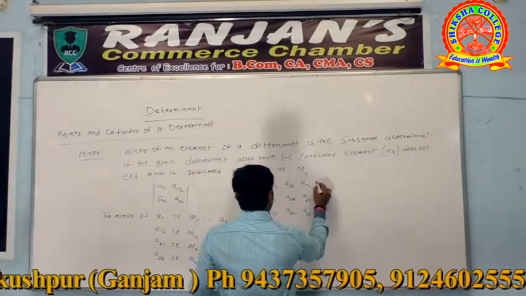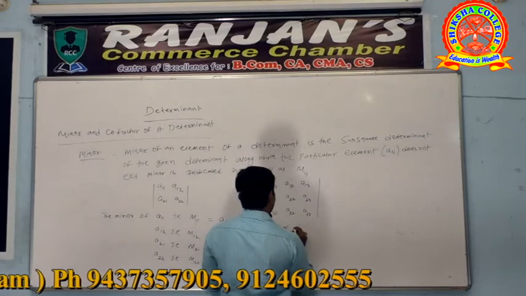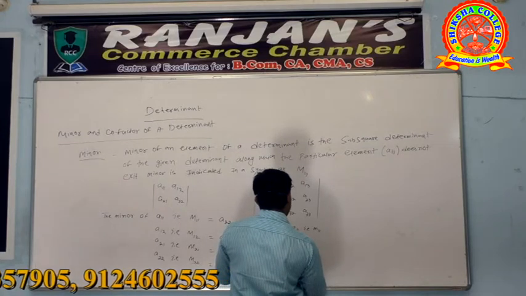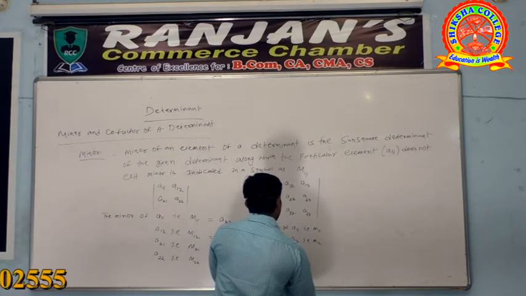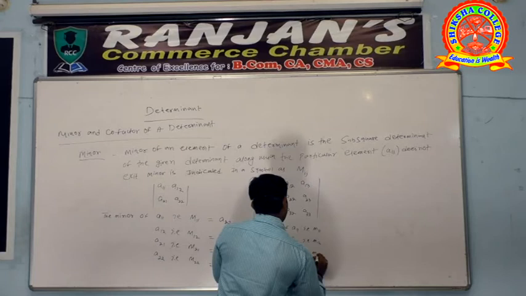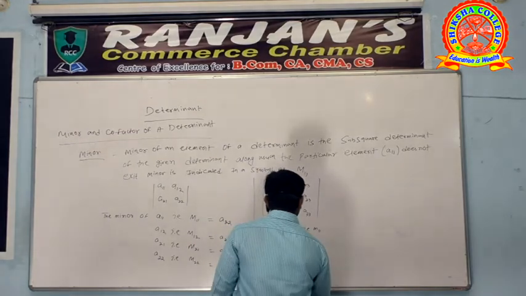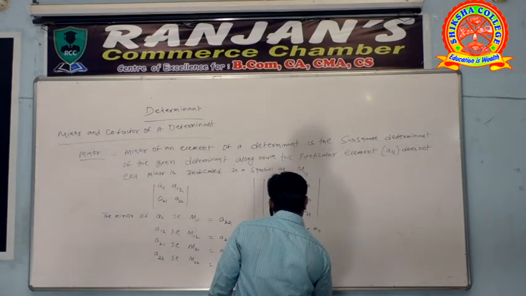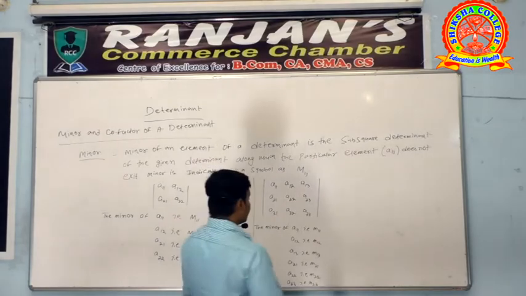So here the minor of A11 is M11, the minor of A12 is M12, the minor of A13 is M13. Clear, students? Now the same we can continue: A21 is M21, A22 is M22, then A23 is M23.